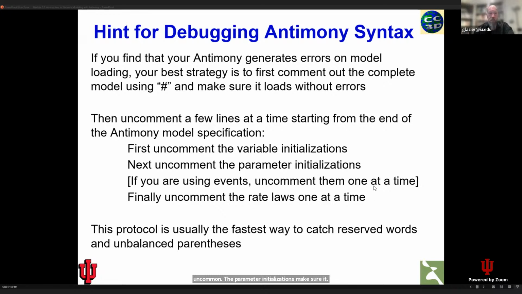If you're using events, which we haven't really talked about, uncomment them one at a time. And then uncomment the rate laws one at a time starting from the top. It's not very elegant, but that's the fastest way to catch typos in Antimony. Almost always, if you have a crash, it's because you have a typo or illegal syntax in the Antimony.